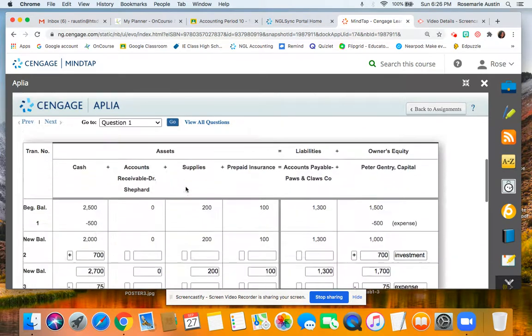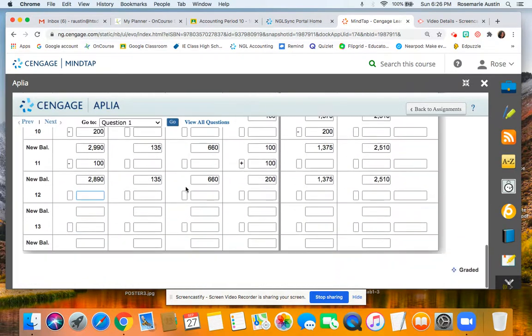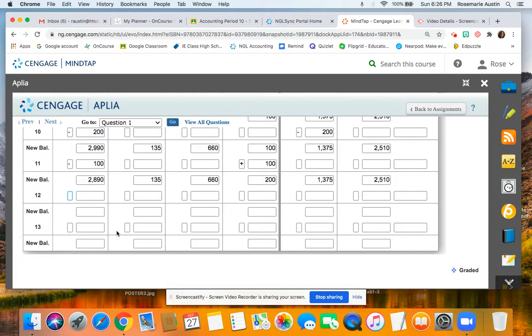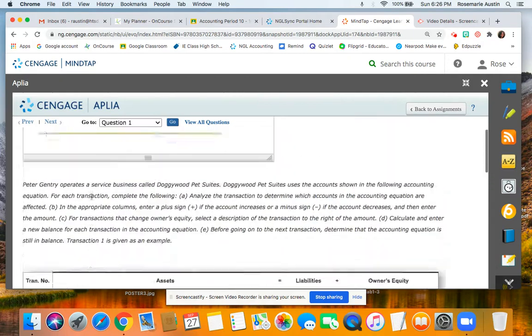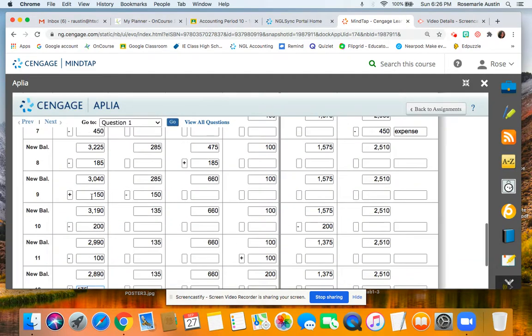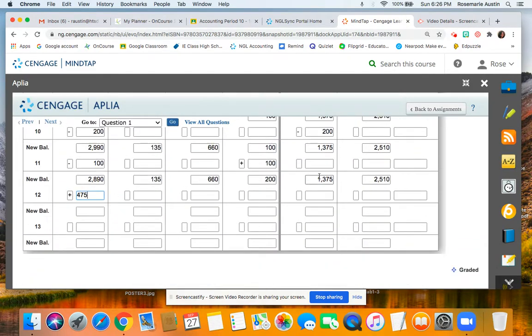Cash is going to increase because someone just handed you cash for a sale, right? So plus under cash, I think it was $475. It was. And plus under owner's equity, you're going to increase owner's equity by $475 because that was revenue.